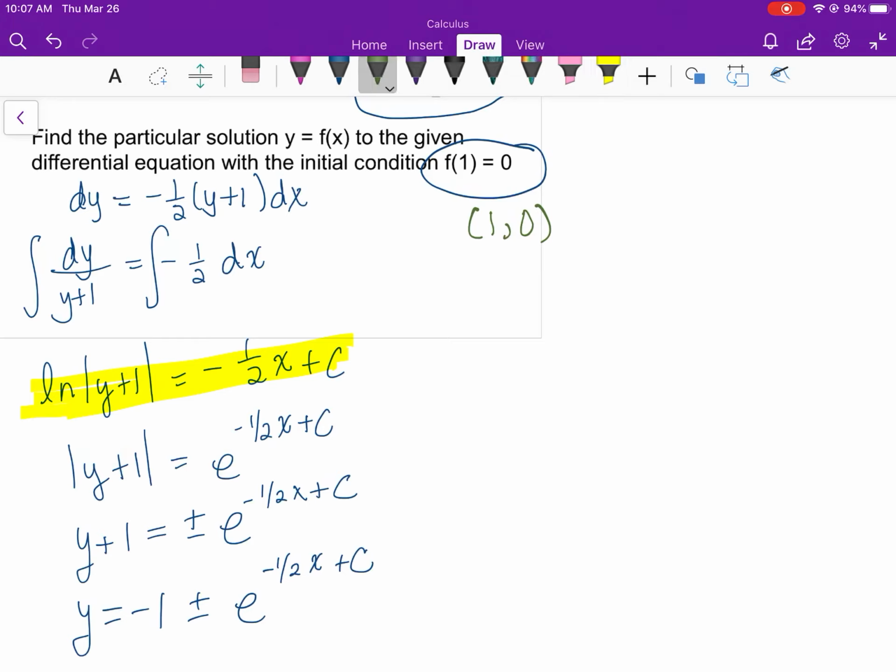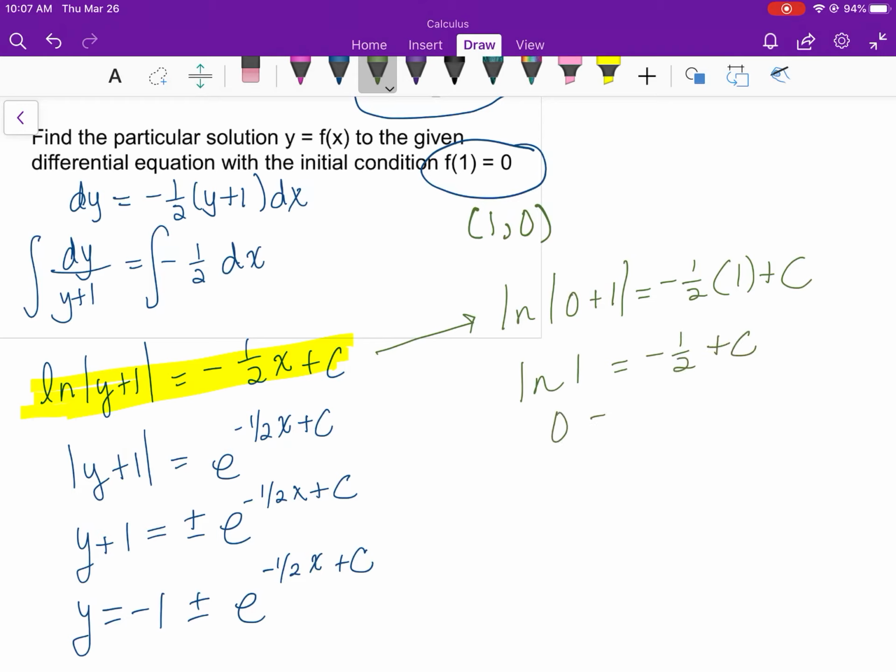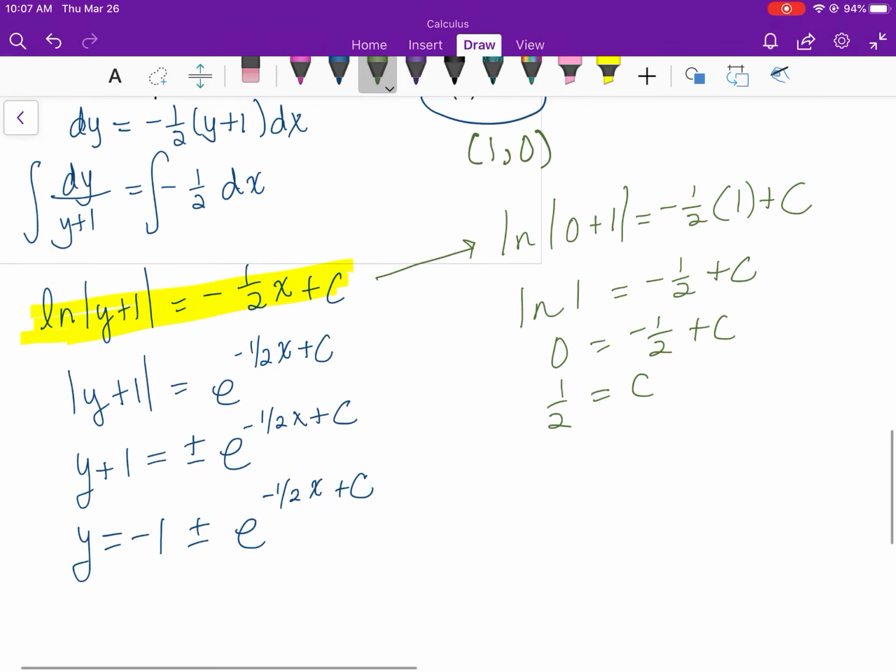Okay, so here we go. ln of y plus 1 equals -1/2 times 1. So that's the ln of 1, and that's 0. So C is 1/2. Okay, now take that 1/2 and plug it in right there.